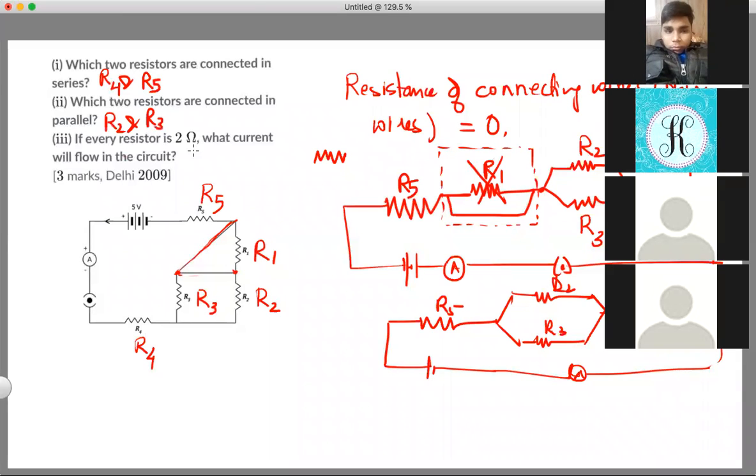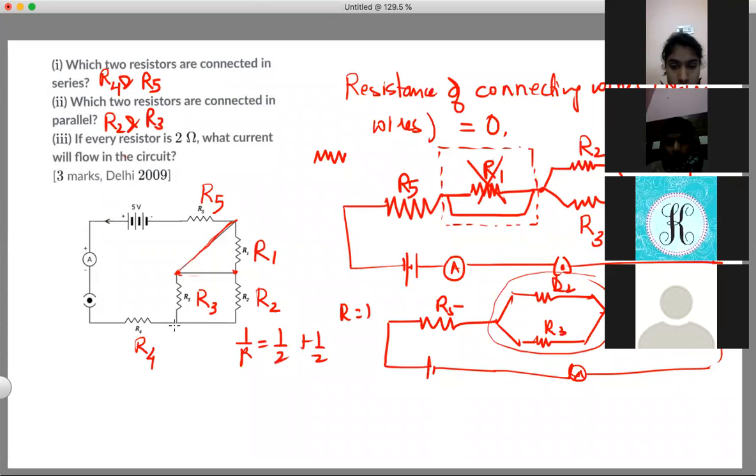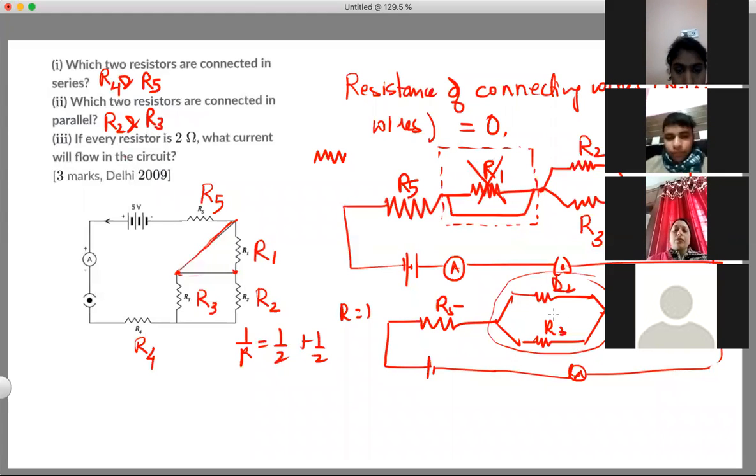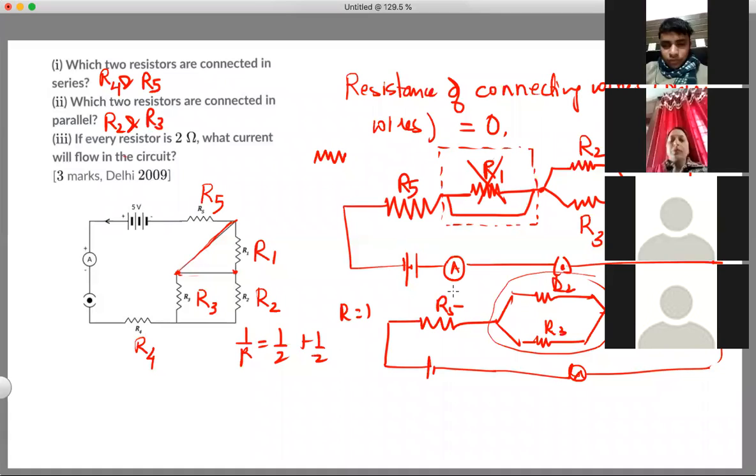And if all these resistors are 2 ohms, तो सबसे पहले हम क्या सॉल्व करेंगे, ये वाला पार्ट सॉल्व करेंगे। ओके, इसकी रेजिस्टेंस क्या होगी, 1/2 प्लस 1/2, करंट आएगा 1 एम्पीयर, राइट? तो इसकी तो 1 है, इसकी 2 है, इसकी 2 है, टोटल कितनी हो गई 5। और करंट क्या होता है, वोल्टेज बाय रेजिस्टेंस, so which is 5/5 is equal to 1 ampere.